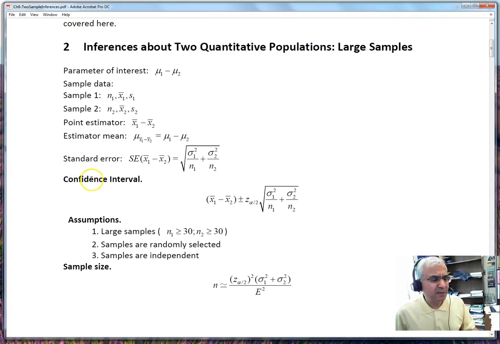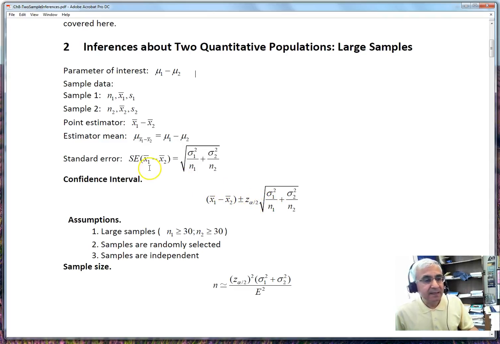First, how do we get the confidence interval? So similar to a single population, for two populations, the confidence interval will be the point estimate, which is x bar 1 minus x bar 2, plus or minus the critical value. And since we have large samples, we use z alpha over 2.